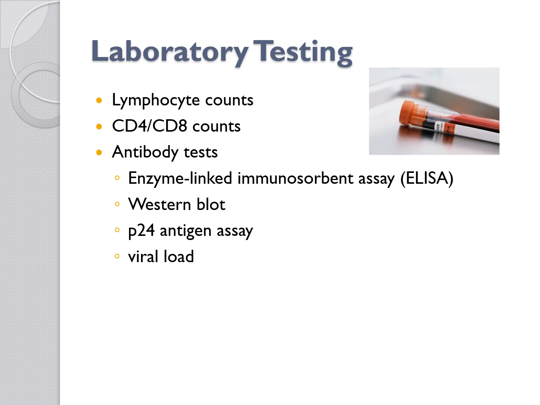Some other labs that we're going to be looking at: one is the P24 antigen that is very specific for HIV. So that's another way that we can determine if someone has HIV. We'll also look at things like a viral load. When I talk about a viral load, that essentially measures how much HIV is in that person's body.